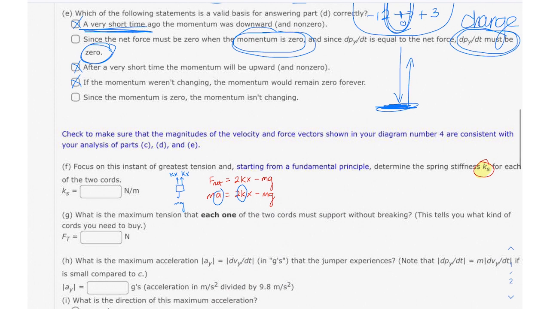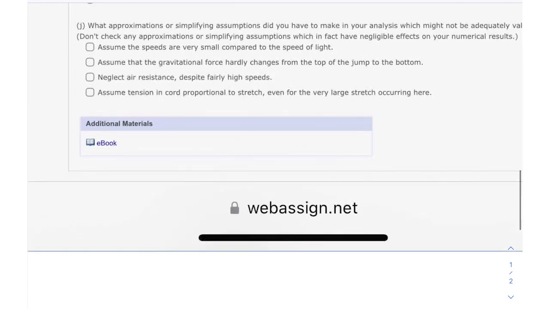So in order to find that acceleration that we need for F, let's see if we can figure out what that would take. To do that calculation, I'm going to move over to a blank page here. Let's just do this calculation. Here we've got our platform and our bungee jumper.